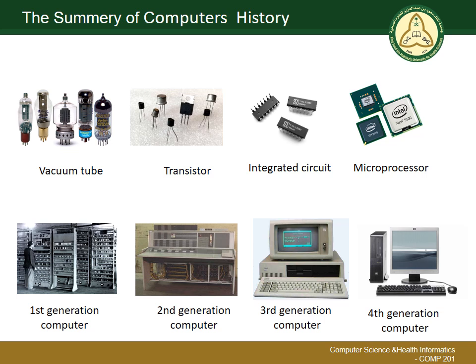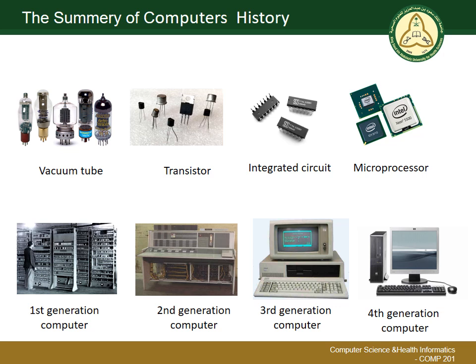Okay, this is a quick summary about generations of computers. The vacuum tubes, as you see from the top left, then we move to transistor, then integrated circuits, then we ended at the microprocessor. Look at the pictures at the bottom of this slide. See how big the computer in the first generation is.